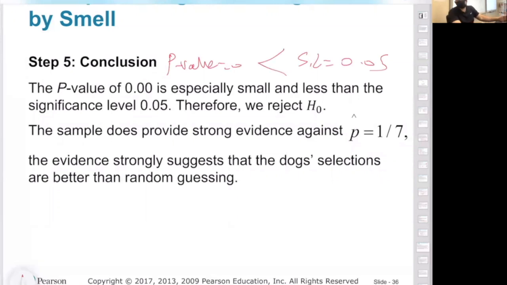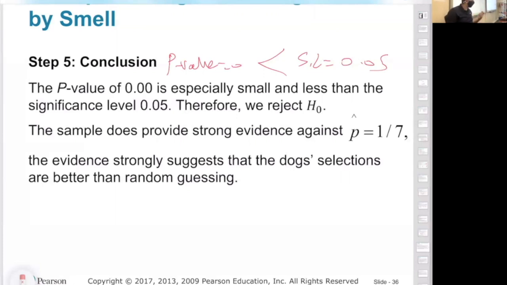So according to our table for the decisions, we reject H0, because the p-value is less than 0.05. So we reject the null hypothesis. What does that mean? That means the sample does provide strong evidence against H0. That means the dogs can know if the patient has cancer or not.